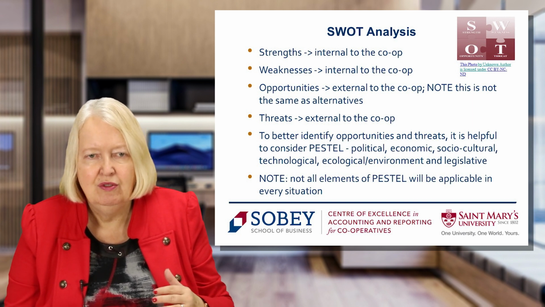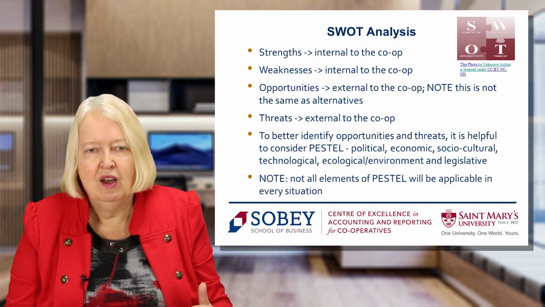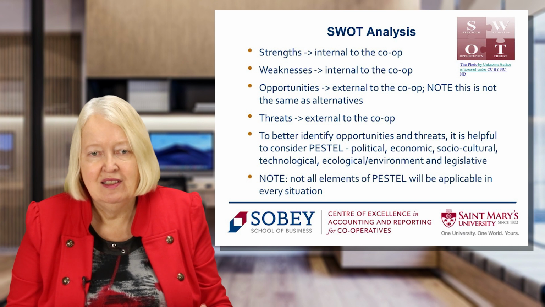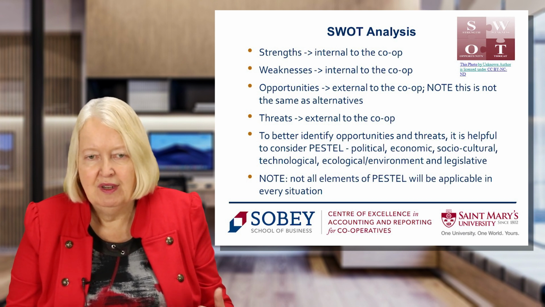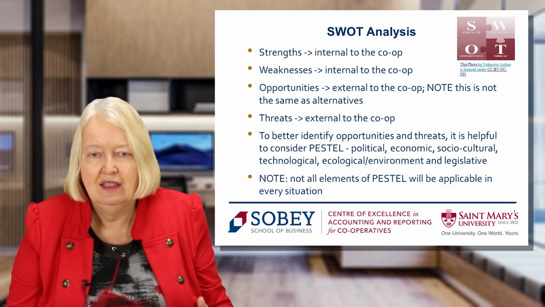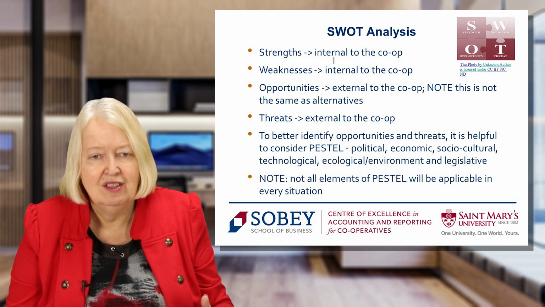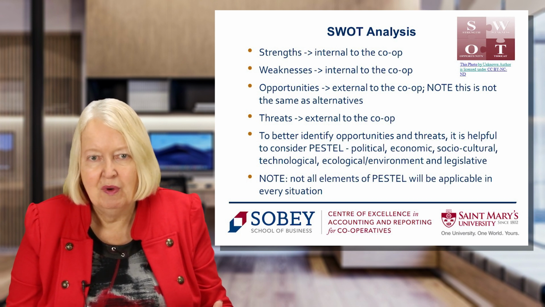So when you do your first cut through and come up with your initial SWOT, then use PESTEL to see if there's something you may have forgotten. Is there anything in terms of the political environment that could have an impact, the economic, technological, environmental, legislative? It's just more of a checklist. It's not a separate section. It's just to make sure that your SWOT is complete and you've considered everything.